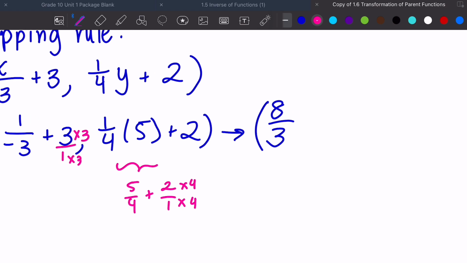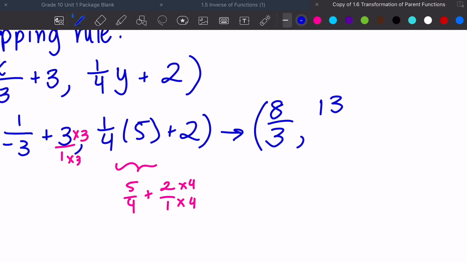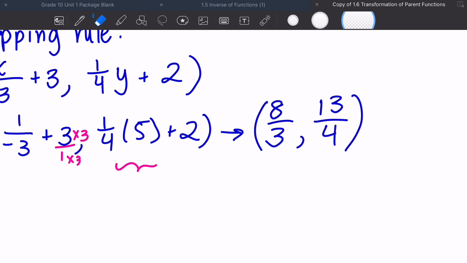And 5 plus 8, that's going to be 13. So 13/4 is your final answer, which as decimals, those are like gross numbers. 8/3 is 2.6. So Edward, it was 2.6. And 13 divided by 4 was 3.25.